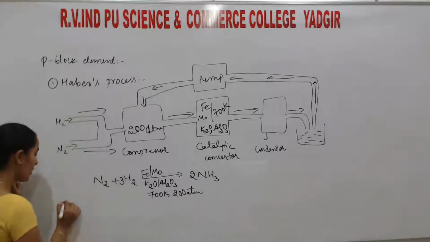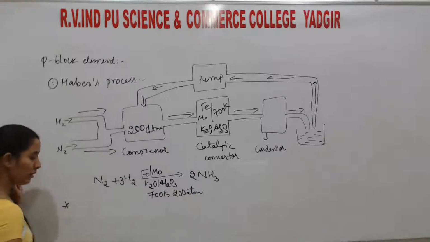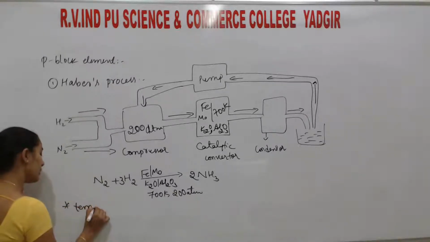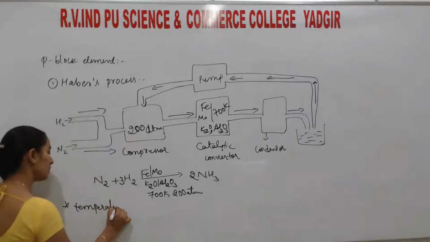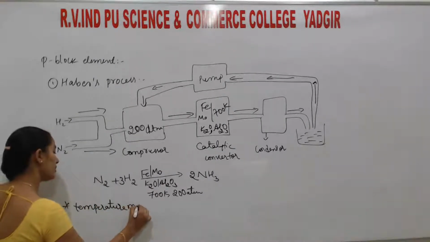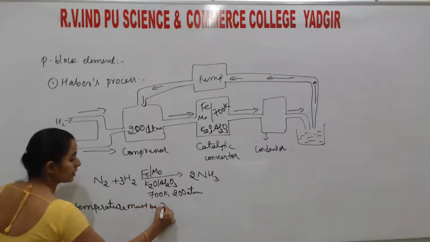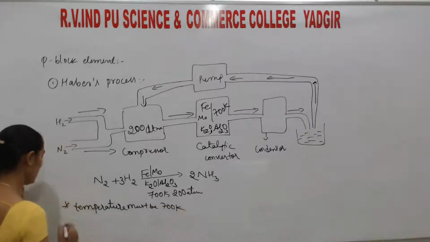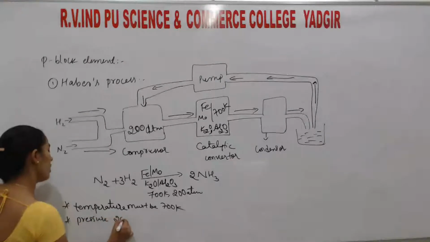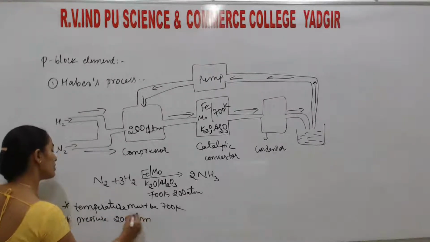Next, what are the conditions here? Temperature must be 700 Kelvin. Next, pressure is 200 atmospheric pressure.